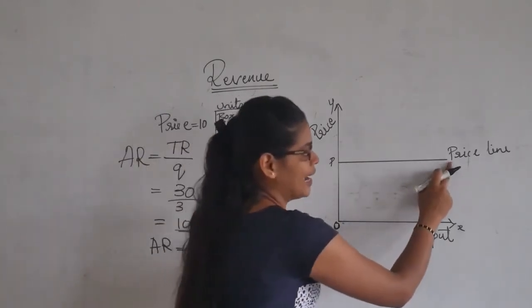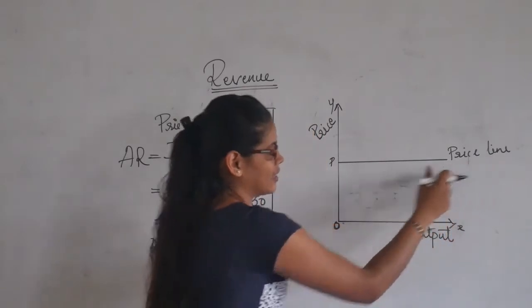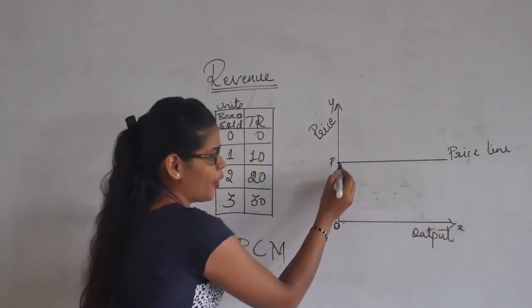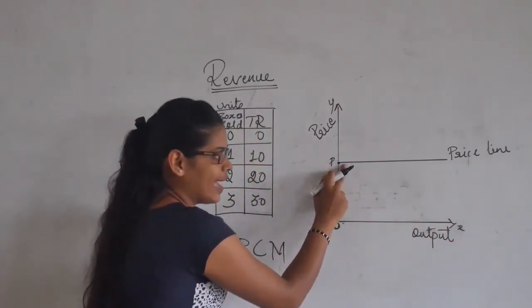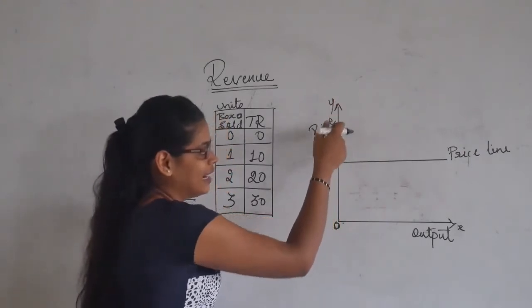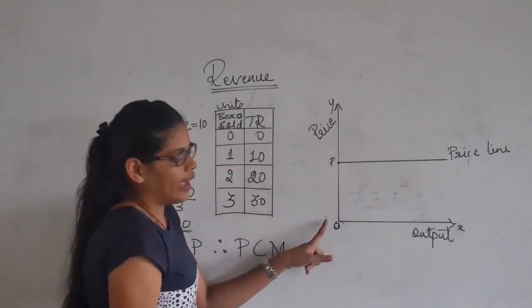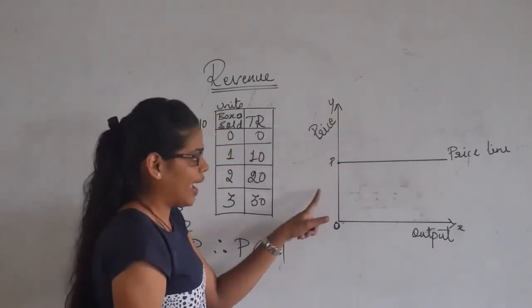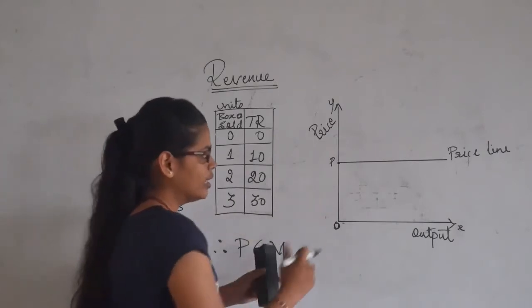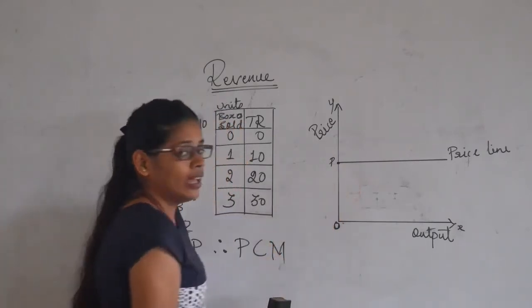So this is the line which we call the price line. So this is the point at which the price line is intersecting the y-axis, okay? So this is the point.